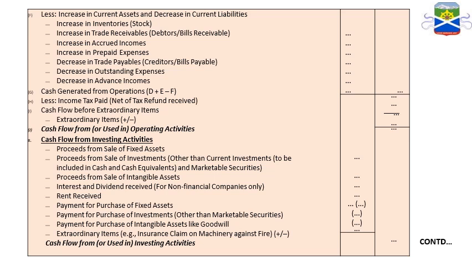So these are the items to be deducted, or subtracted, from the operating profit before working capital changes. Now after adding and subtracting these items of current assets and current liabilities, we find the cash generated from operations, that is D plus E minus F. From here we deduct the income tax paid, that amount being net of tax refund received.